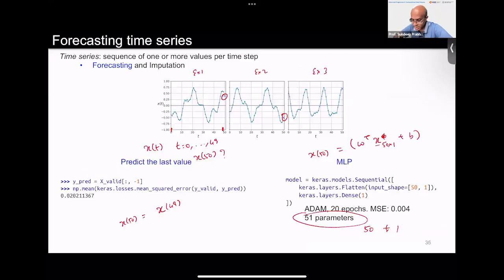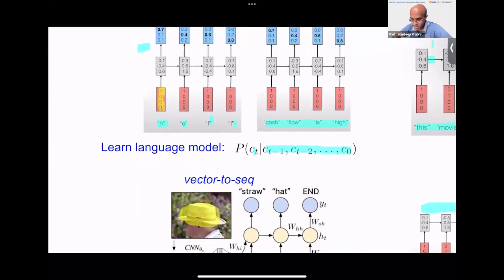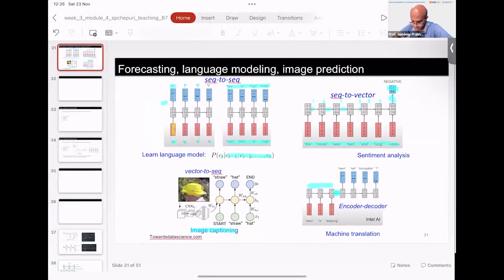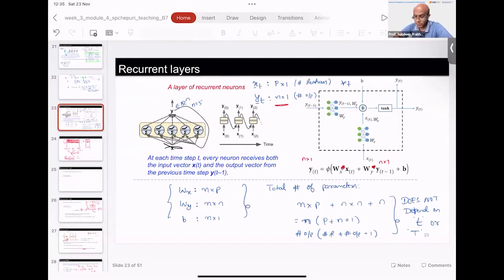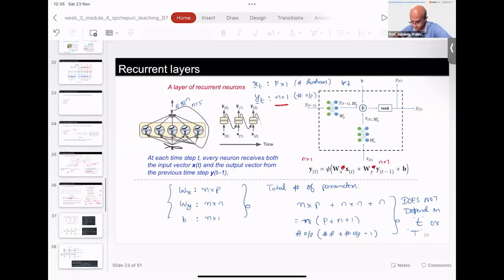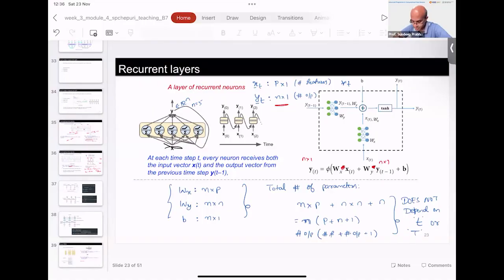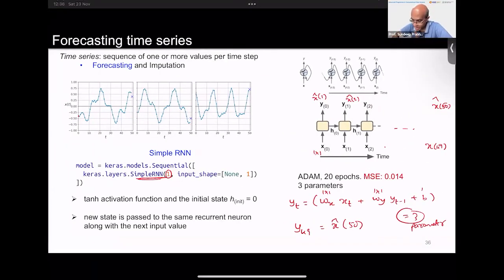In the previous illustration, I had 5 recurrent neurons, which gives a vector of length 5 at the output. But for this particular example, I only require a scalar output. So in this case, n is 1.